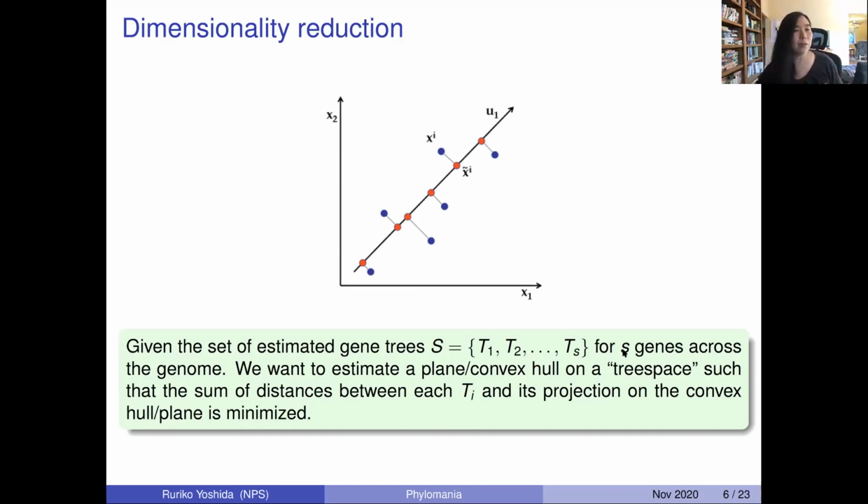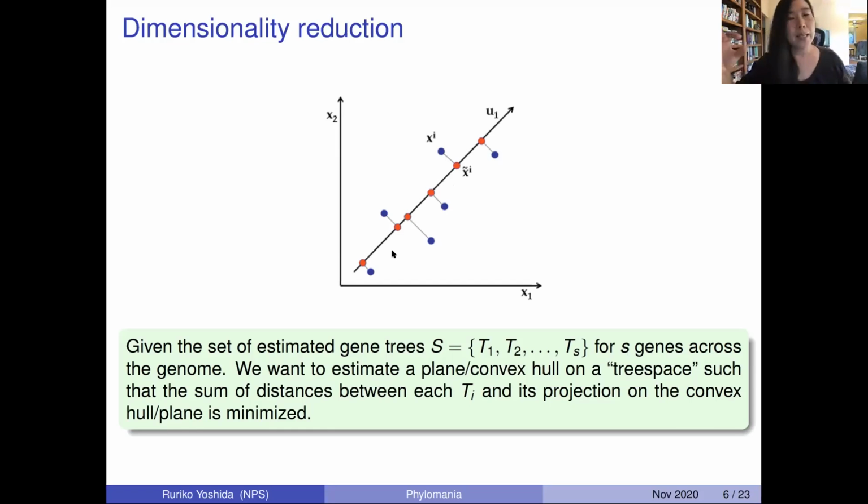So we cannot just directly use classical PCA, and one definition of PCA doesn't really coincide with another definition of PCA. So here I define PCA as a linear space such that, these blue points are data points, and the red points are projected points onto the linear space.